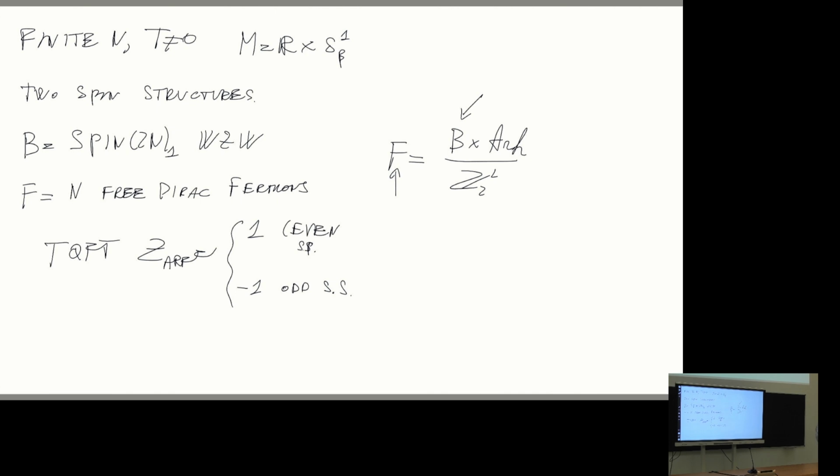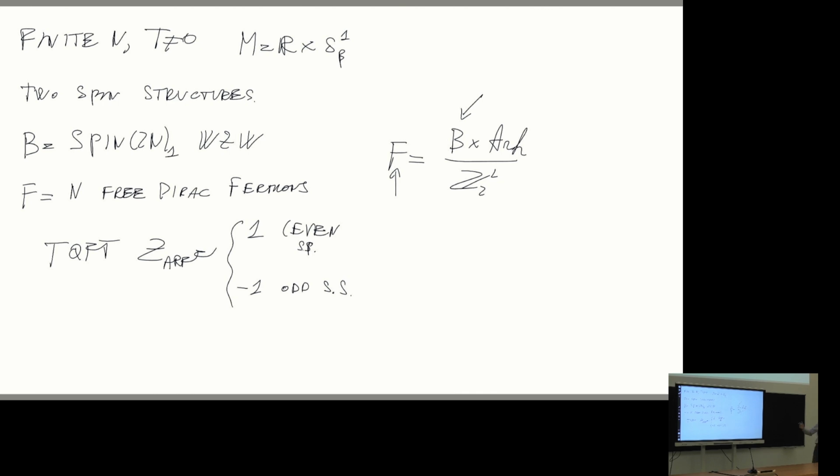If you look at the index theorem, whether you have an even or an odd number of fermions: an even number qualifies as an even spin structure, and an odd number is an odd spin structure. This is a very simple topological theory, which is essentially a bunch of signs, 1 or -1, depending on the spin structures.